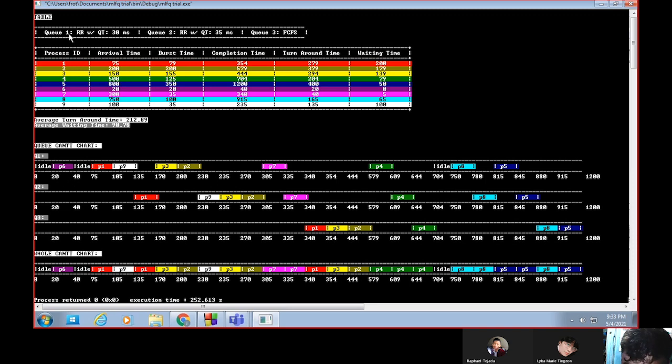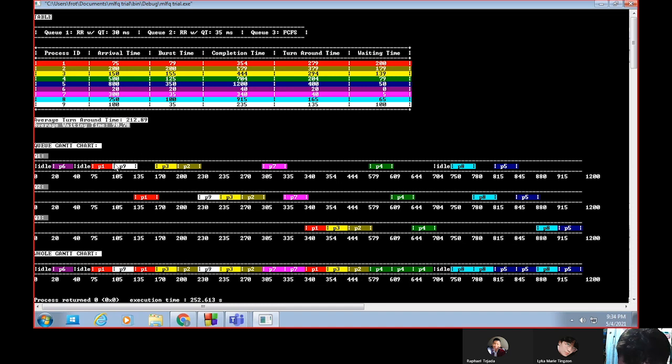Since Q1 uses the round robin algorithm with a time quantum of 30 ms, it didn't go into Q2 and completed its process at time 40. So the completion time is 40. The next one to arrive is process 1 at time 75, so the CPU is idle from time 40 up to 75.